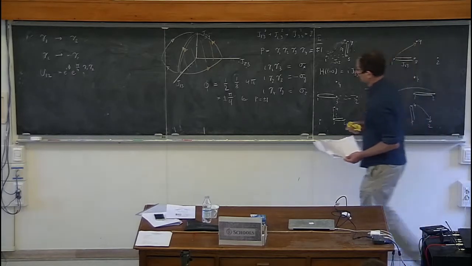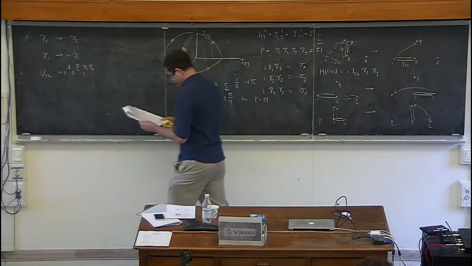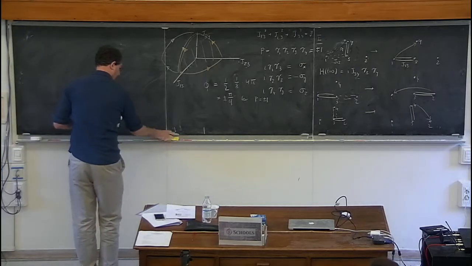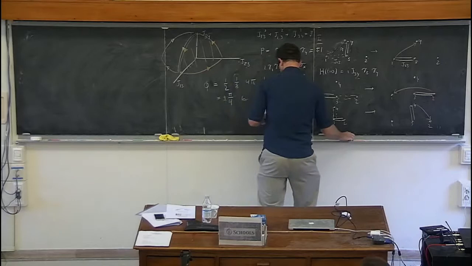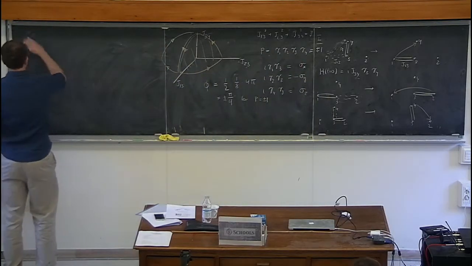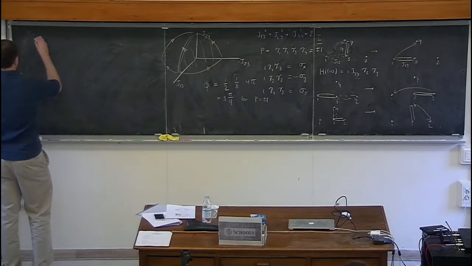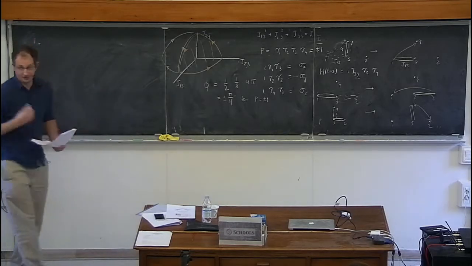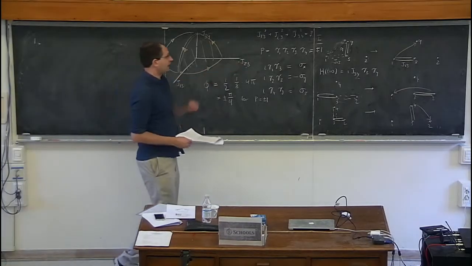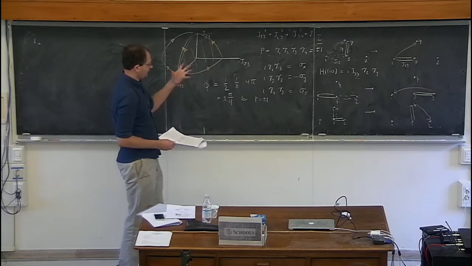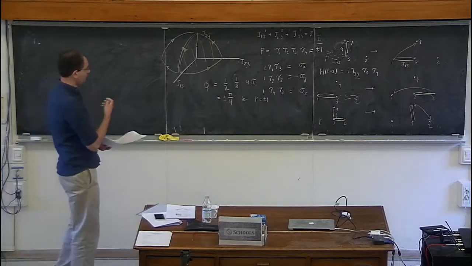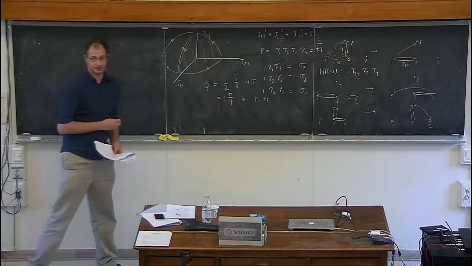Now, I should make a few comments here. There's one important thing that I haven't actually shown. I've claimed, but I haven't shown, that if you deform this path in an arbitrary way, the result of the adiabatic evolution doesn't change.